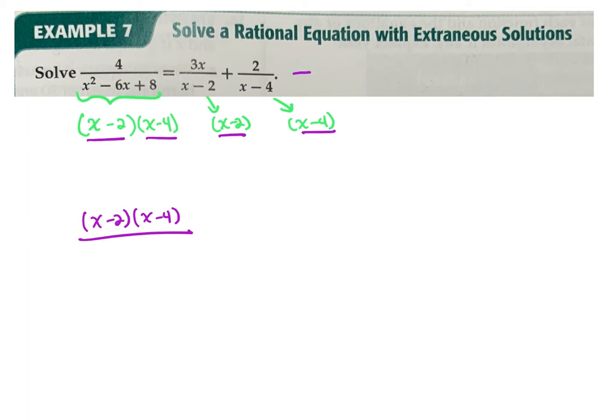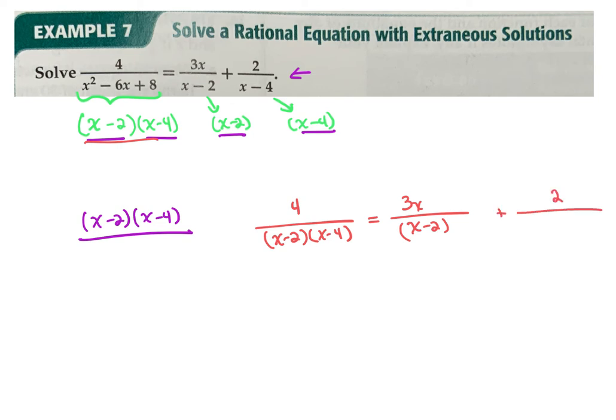So I'm going to take this and multiply everything by it. All right, so I'm going to rewrite this. I'm going to say 4 over, and I'm going to write that in factored form, so x minus 2, x minus 4. That's what he is, right? Equals 3x over x minus 2 plus 2 over x minus 4.